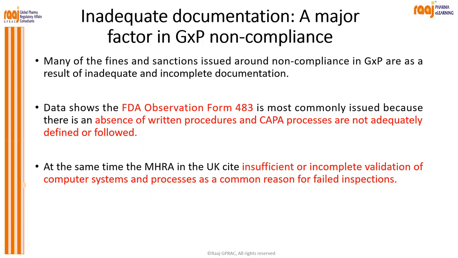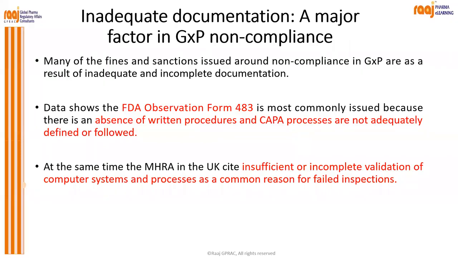And if health authorities like MHRA or FDA or TGA find that you have insufficient or incomplete validation or insufficient process or computer system validation or anything, that will become a reason for a failed inspection and you will get a warning letter.